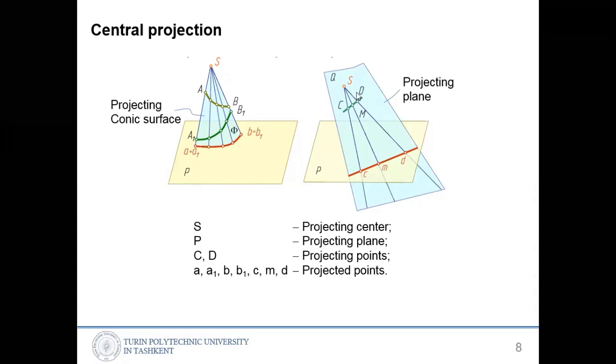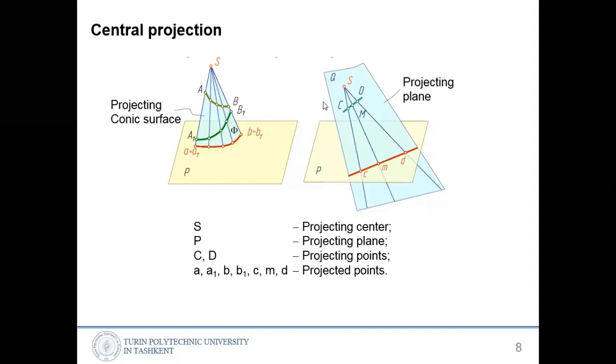Similar to this, C and D are given in the space, and the line is given in the space, and using the S center we can have a line like this, rays, and then we can have this line.